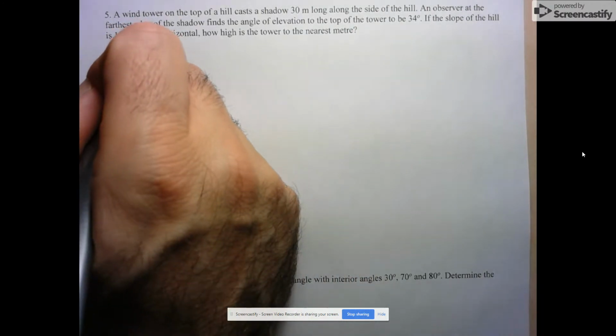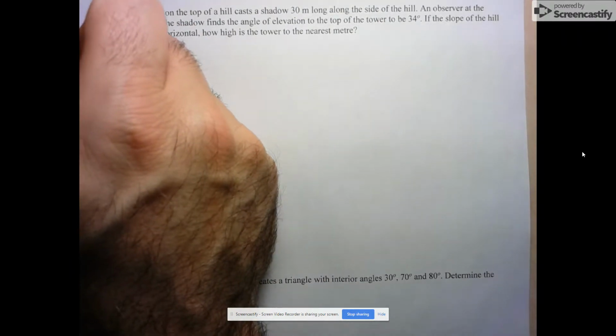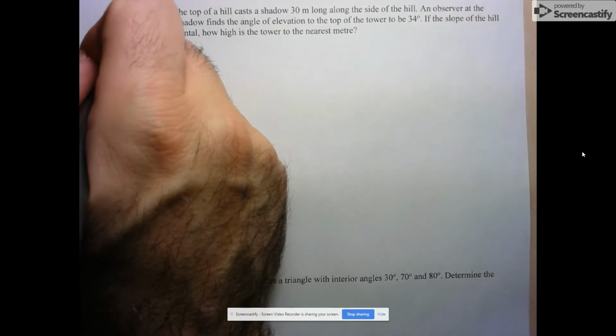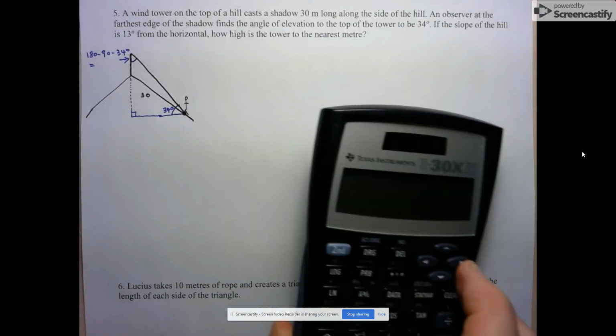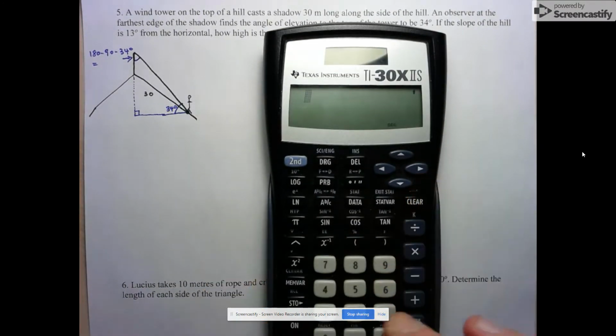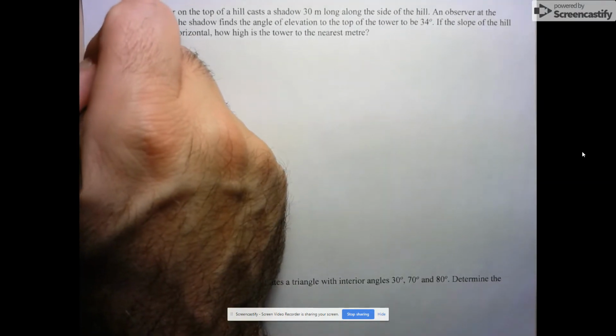So this angle here is just going to be 180 minus 90, because of my 90-degree angle, minus the 34 degrees. Okay, so that's how that 34 degrees comes in handy for me. All right, so let's actually calculate that right away. 180 minus 90 minus 34, and that gives me an angle of 56.